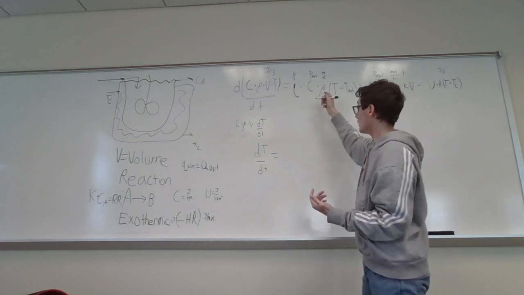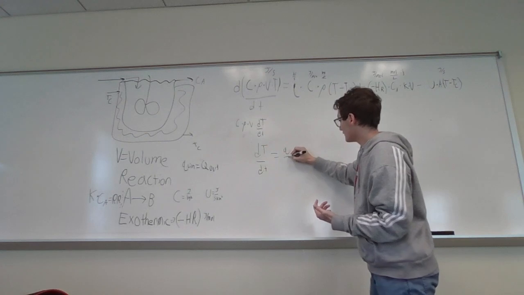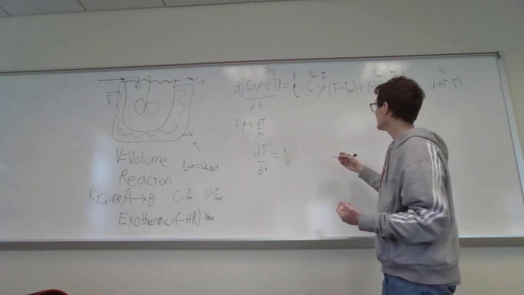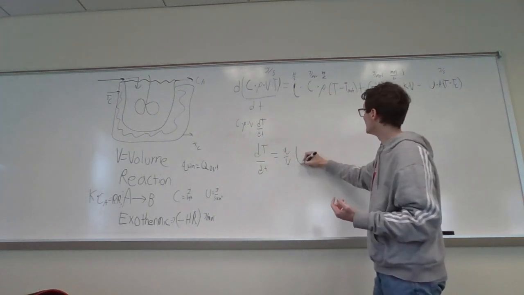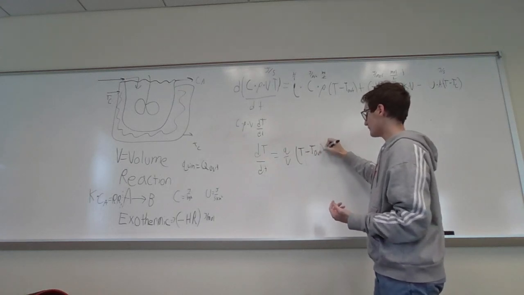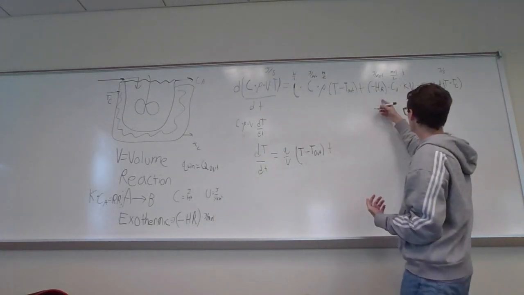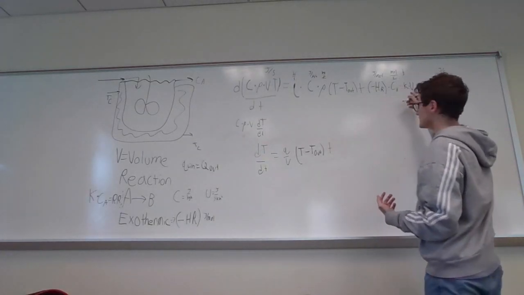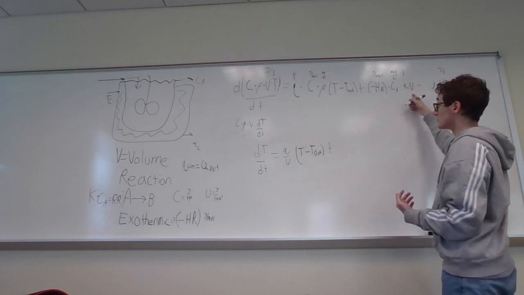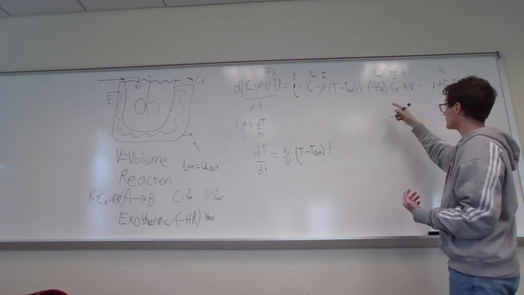We have C and rho, that cancels out, so we're going to have Q over V. Wow, that's kind of ironic that it also happened in our material balance. Times T minus T out, or T tank, depending however we're going to determine it. Plus, so we have HR, CA, K, and V. So we have V, which is going to cancel, so it's going to be C times rho under this.